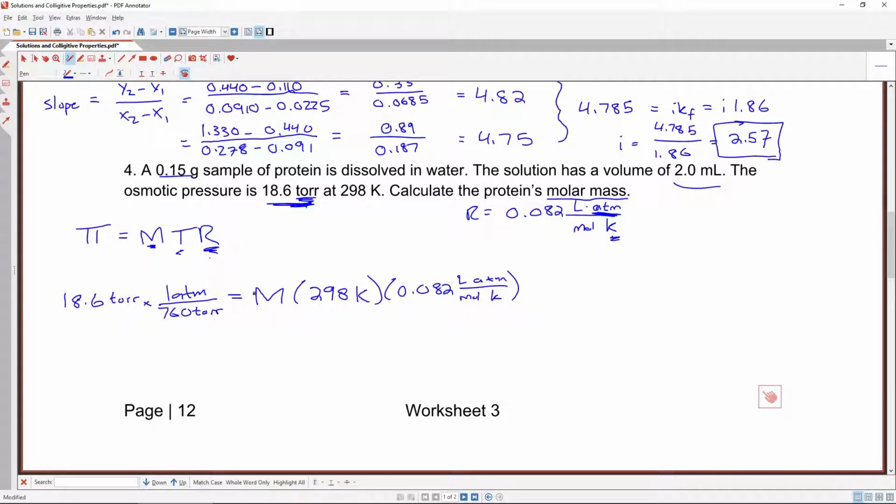Well, we have this M term, and we can expand that out, right? So 18.6 over 760. This is in atmospheres now, right? That's some number. We know what number that is. So molarity is going to be moles of protein, I'm going to call it protein P, over liters of solution.